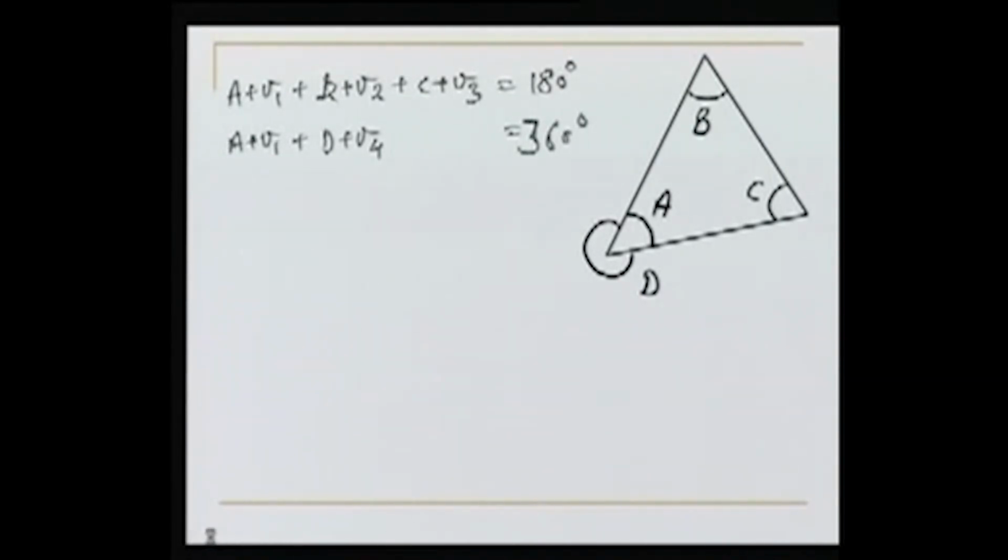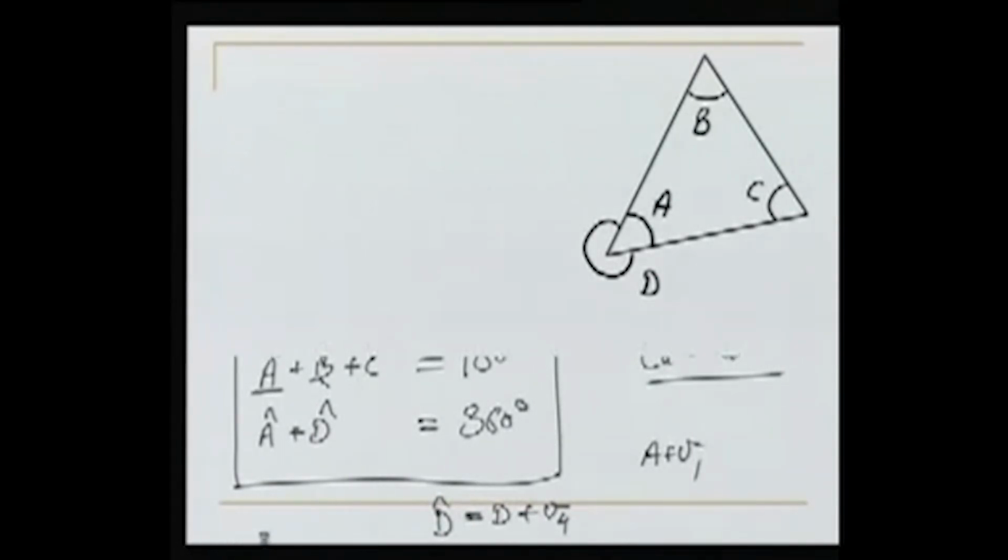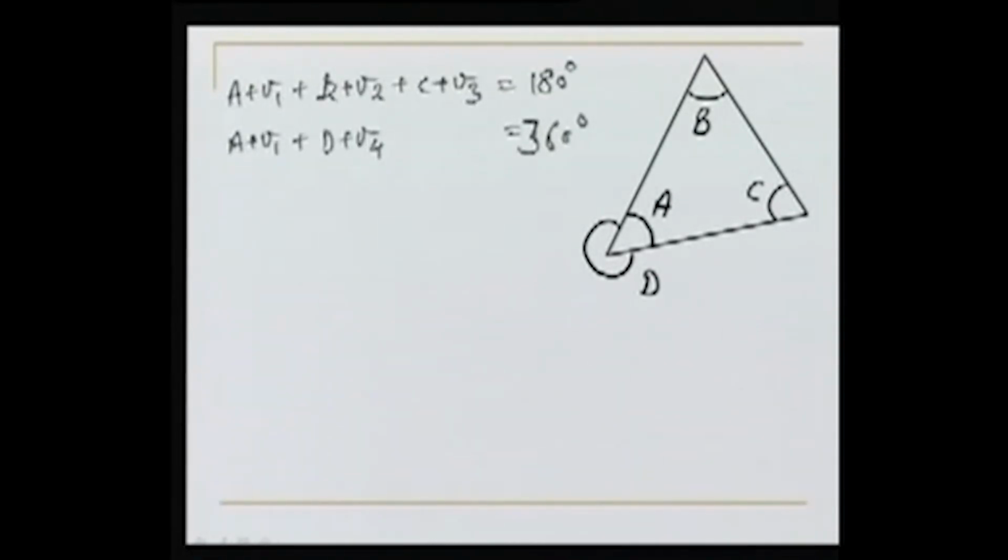So what I am doing, for A, I am replacing that by A plus V1. V1 is the error in observation A, okay, and for D, D hat is observation D plus V4. V4 is the error in observation D. So this is what we get now.